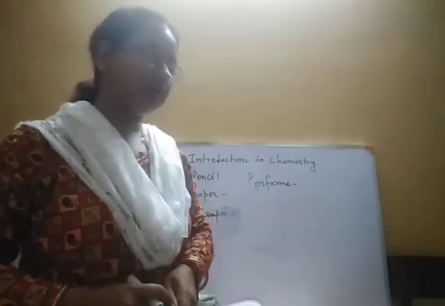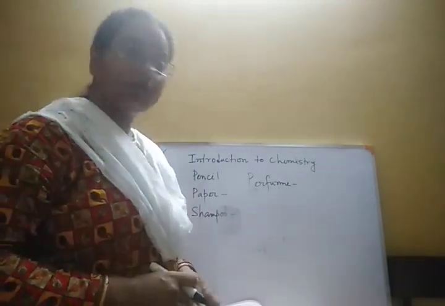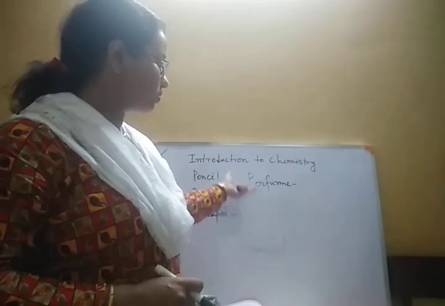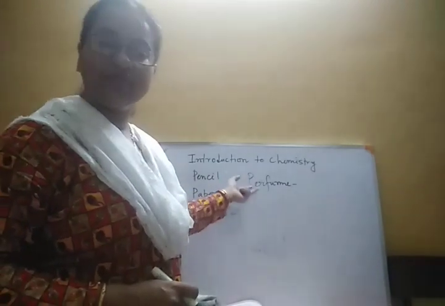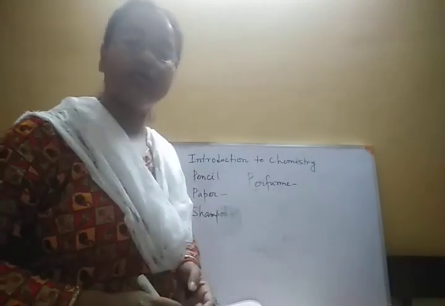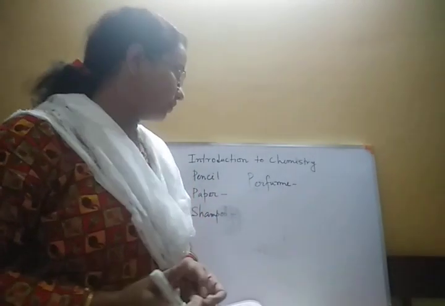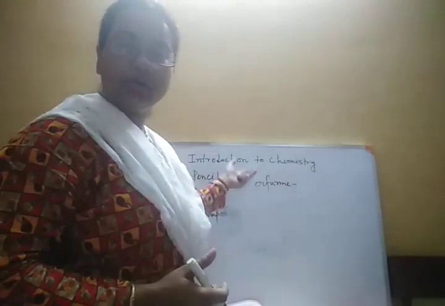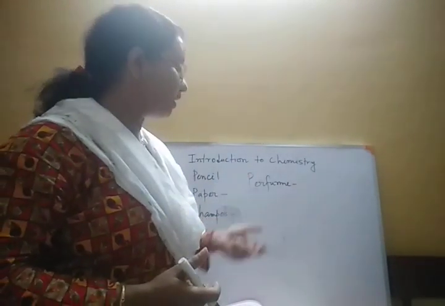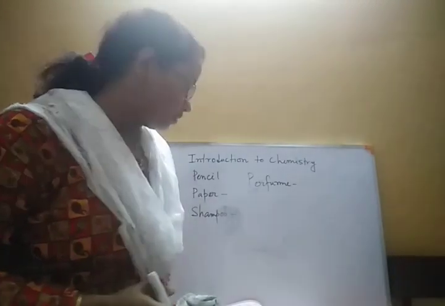Some solvents are also there to dissolve the complex compounds in the perfumes. Perfume and deodorant are the same thing. These essential oils provide a good fragrance, and this is because of the essential oils.